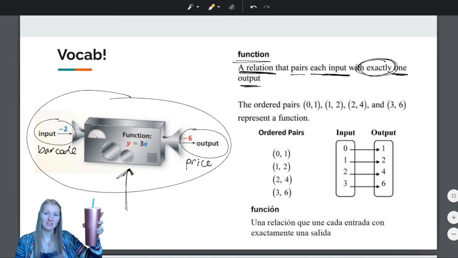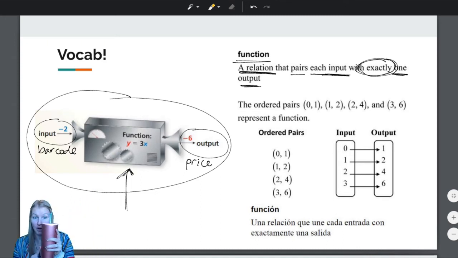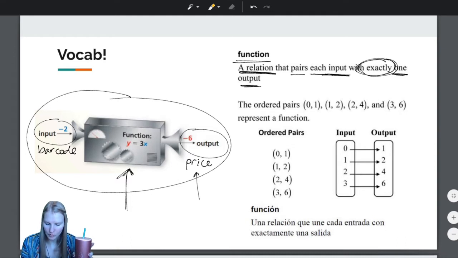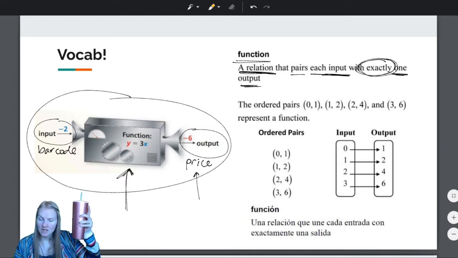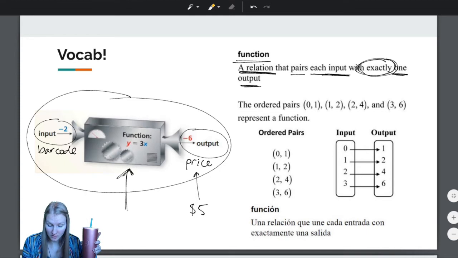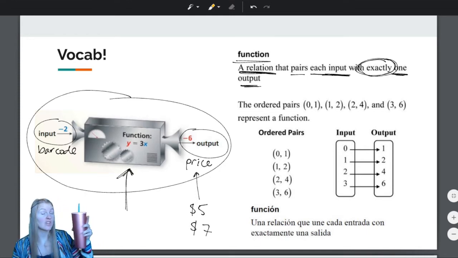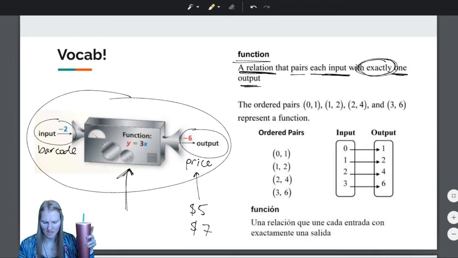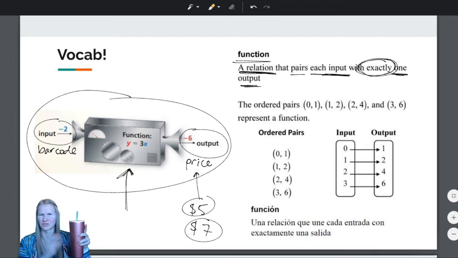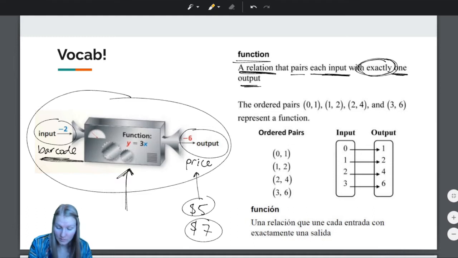Now, if I scan this cup's barcode, can I get two prices? Can this cup cost $5 and $7 at the same time? Well, no, of course not. This cup costs $5 or it costs $7. You're not going to make me pay $5 and $7 for the same cup. That doesn't make sense. So functions take one input and give you one output.